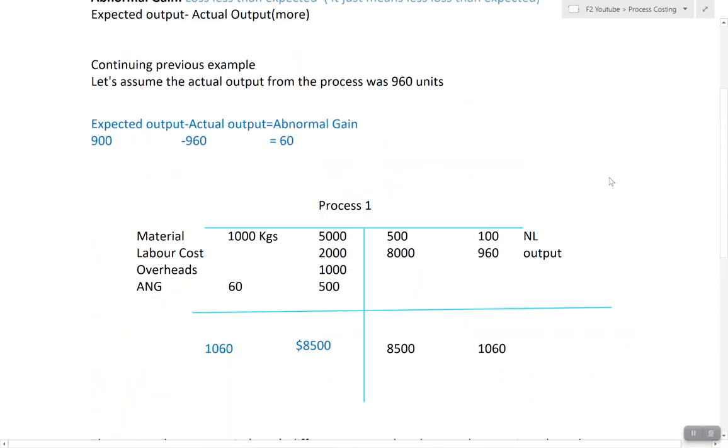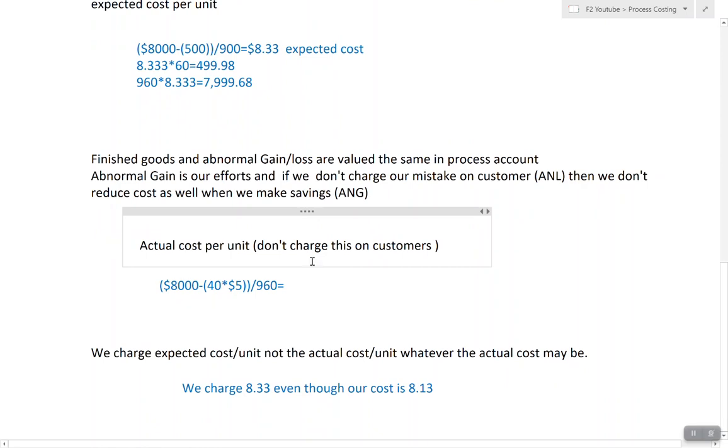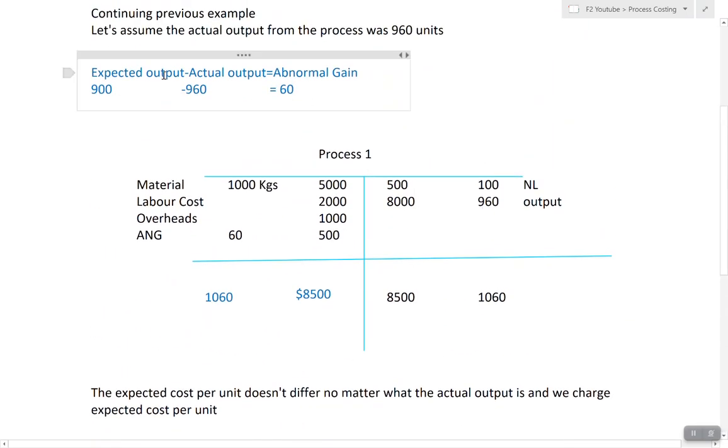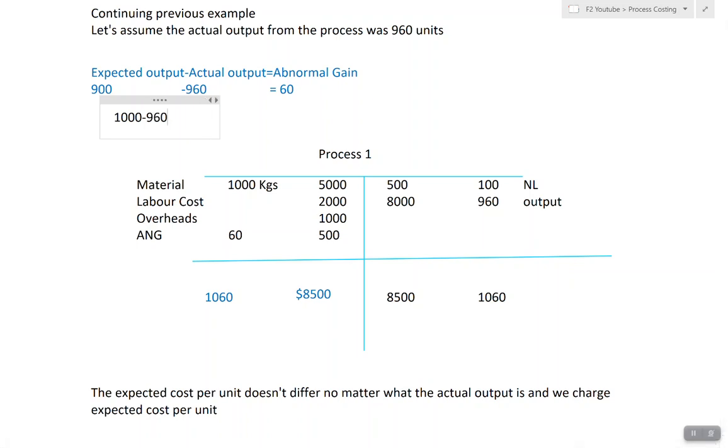normal loss, abnormal gain. Now in this case, remember our actual loss is 40, because if we have input of 1000 minus 960, we have 40 actual loss. You can calculate it like this as well.